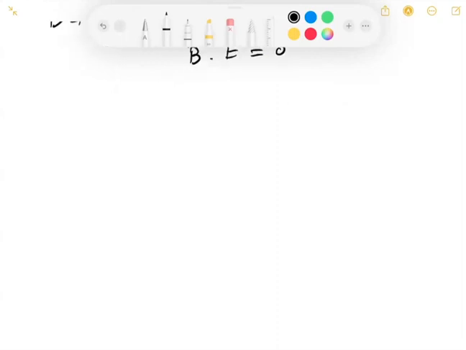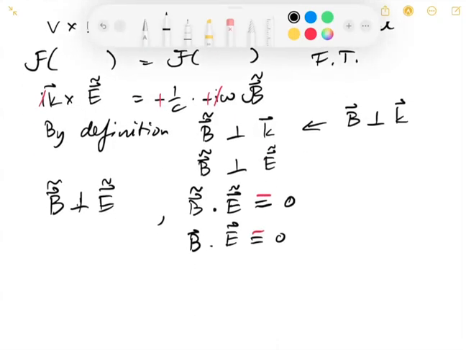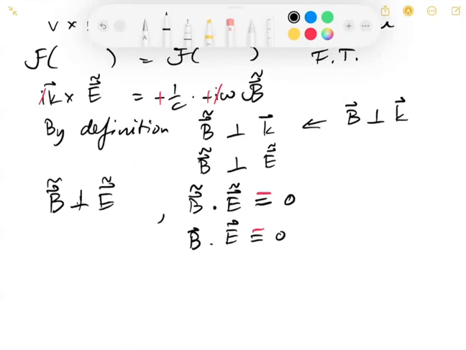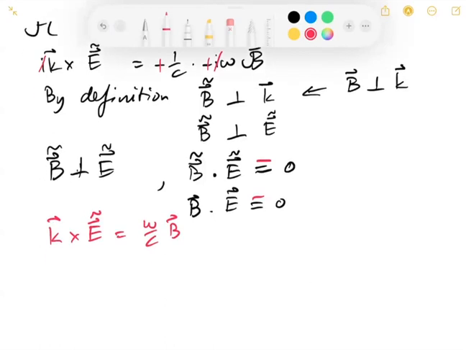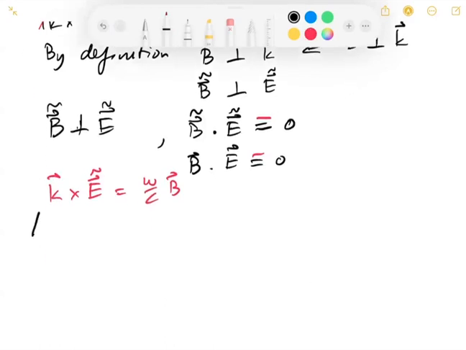Now we can do the same thing for the reverse. Let's write this a little bit more compact. Because we'll need it later, we have k cross E is ω over c B. Now, Ampère-Maxwell. Do the same thing.